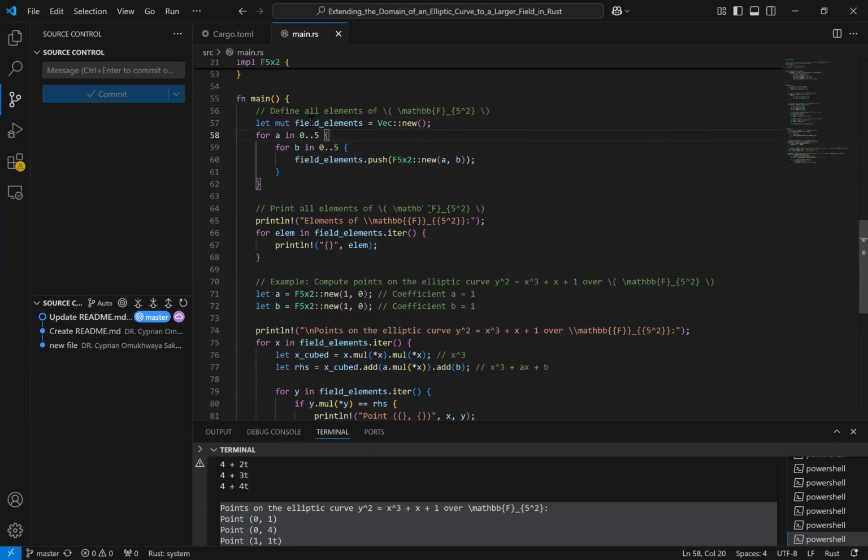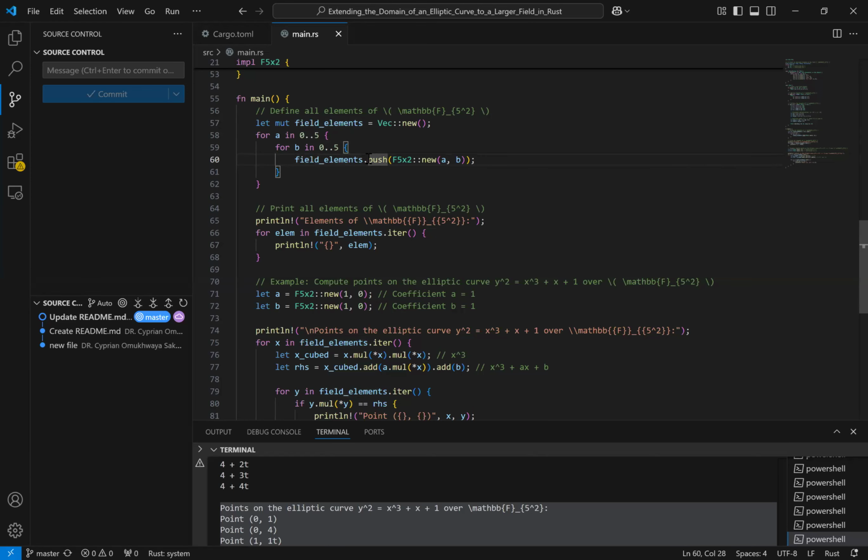So what we'll be doing here, we'll be storing the elements in vector form. A has values from 0 to 5, because we are doing it mod 5, and B also has values from 0 to 5. So from 0 to 5, can you come up with the field elements?